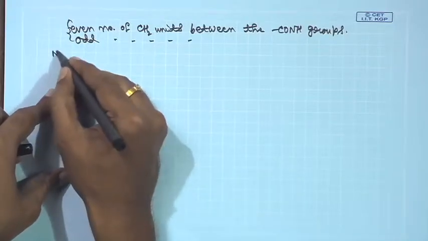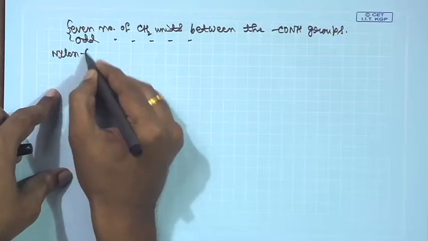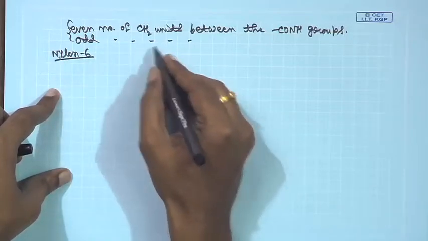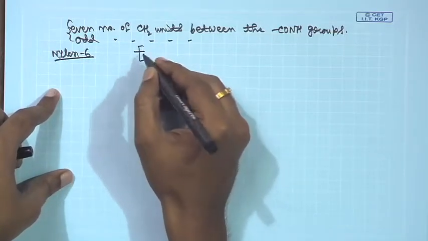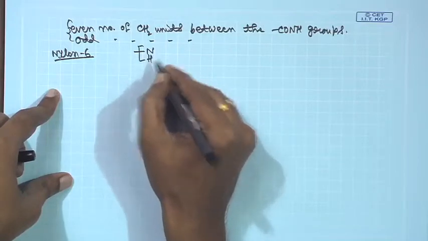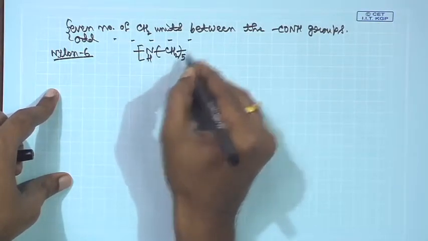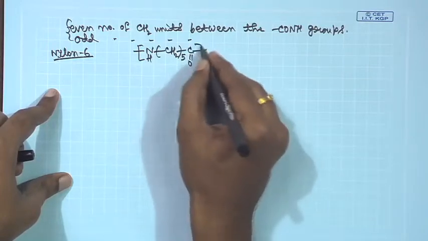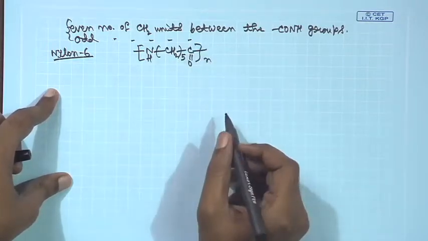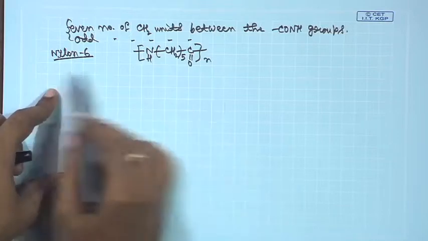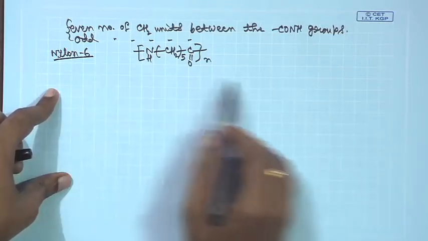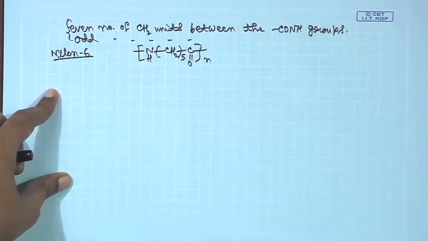Let us say you start with nylon 6, and let us write down the repeating unit formula of nylon 6. The repeating unit formula is something like this: CH2 whole 5, CO, NH, and then whole n number of units. Now, let us draw an extended chain configuration of nylon 6.